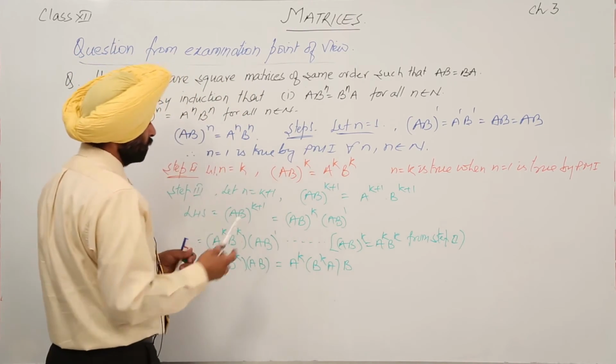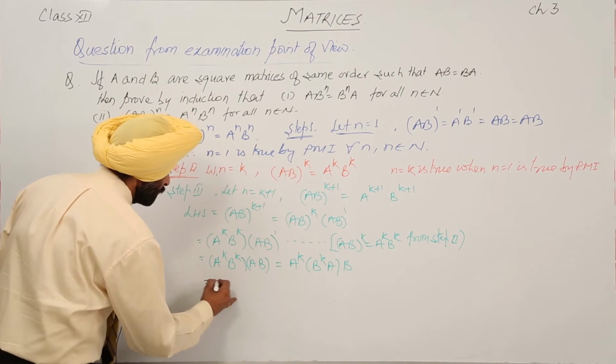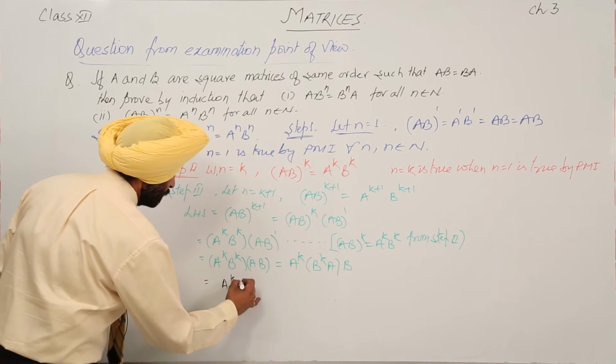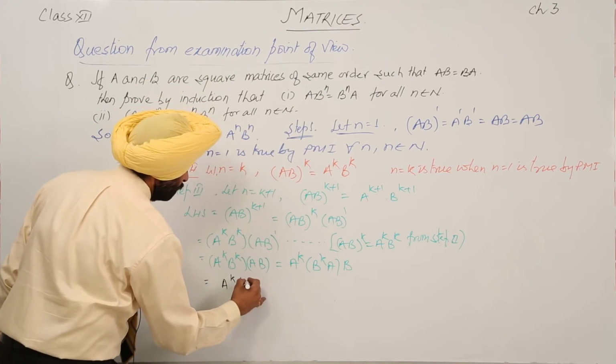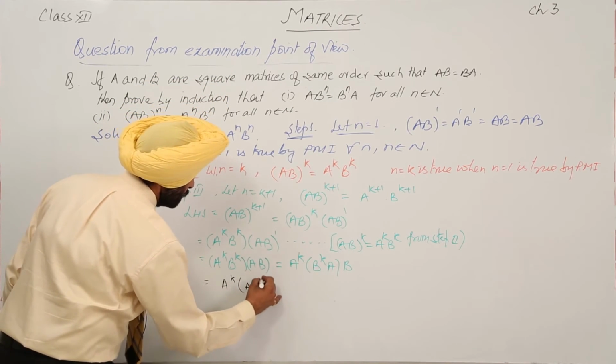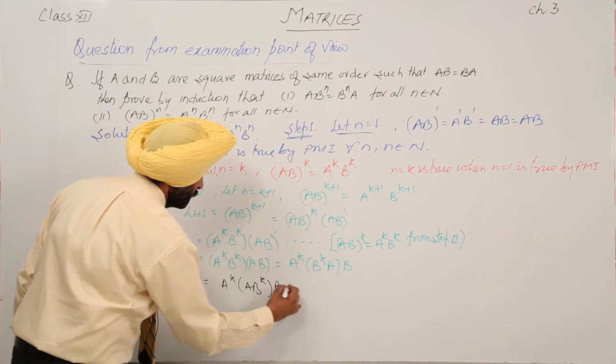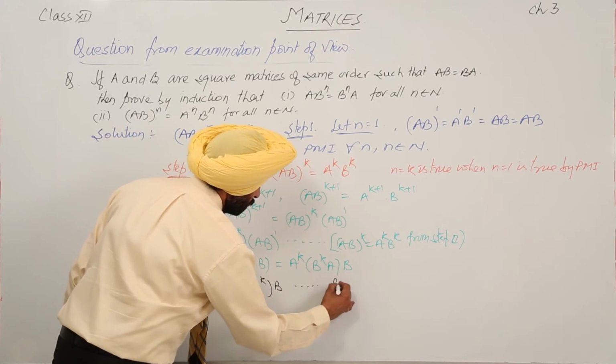What it shows now, we are having A^k B^k A, it will be A^k, then B.